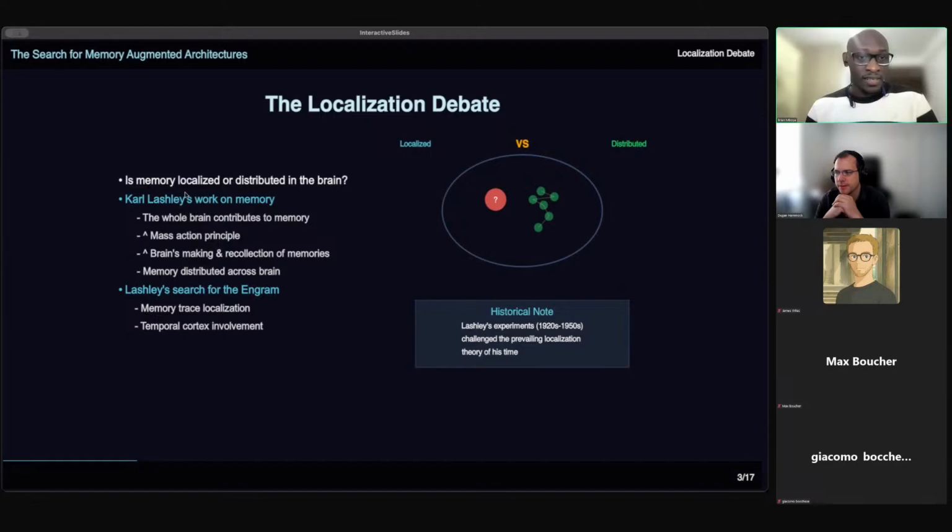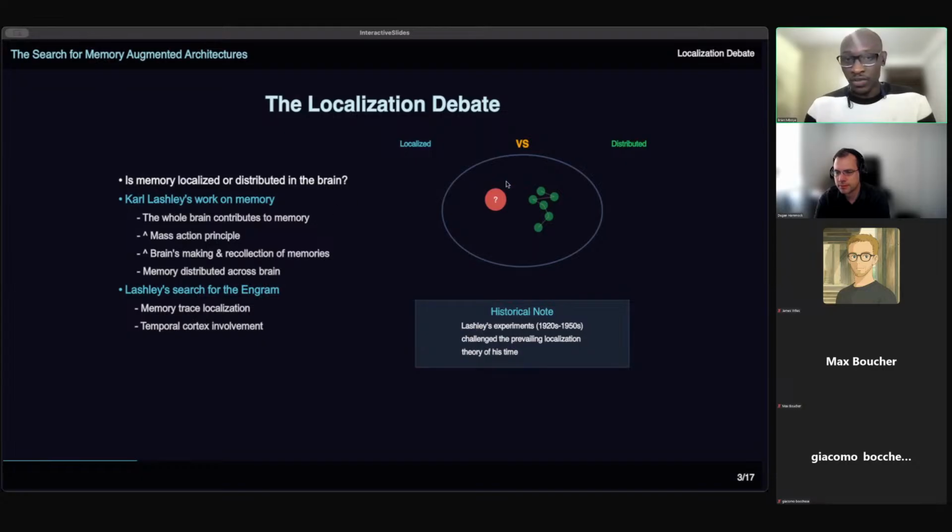A researcher called Lashley contributed a lot of work to this debate and concluded that memory is distributed across the entire brain because of mass action. The mass action principle says that every neuron in the brain contributes to how memory is represented, and the brain recollects memory in its entirety.